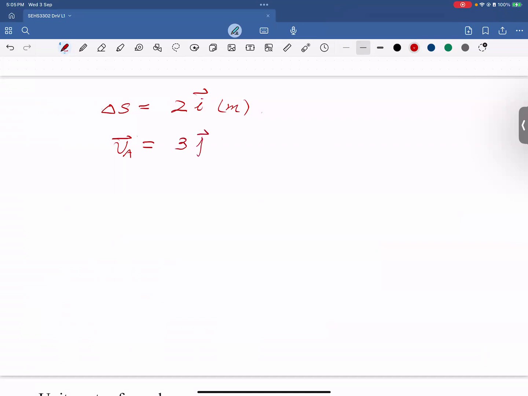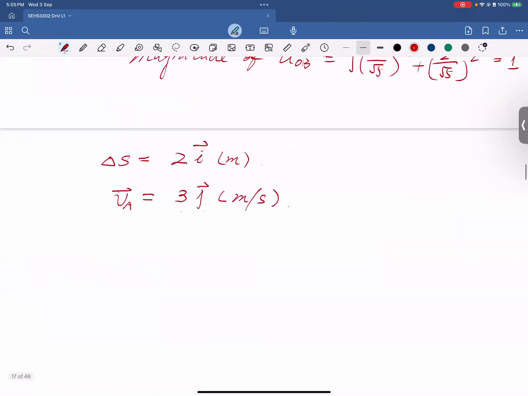It means the magnitude is 3 and the direction is J, and the unit is meter per second, different, right? So as you can see, if the unit is not given, you cannot tell whether it is a velocity or displacement. As long as we give it a unit, we can know what it is.